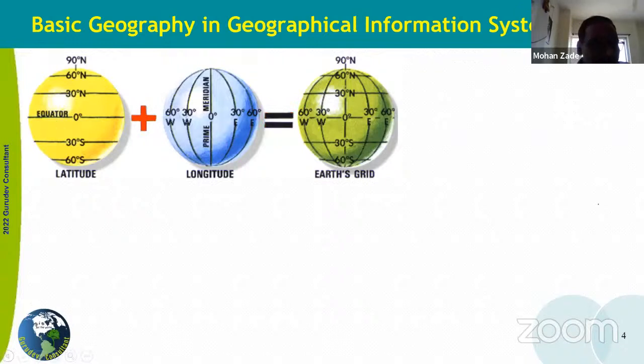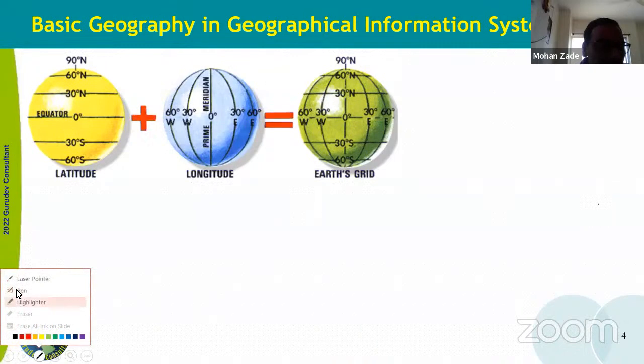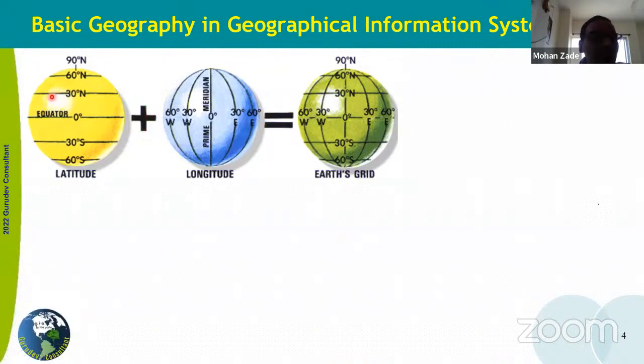Here, let me draw with the pen. Okay. So this yellow sphere is the Earth, and the lines on it are called the latitudes. If you say in XY coordinate systems, it is basically your x-axis.